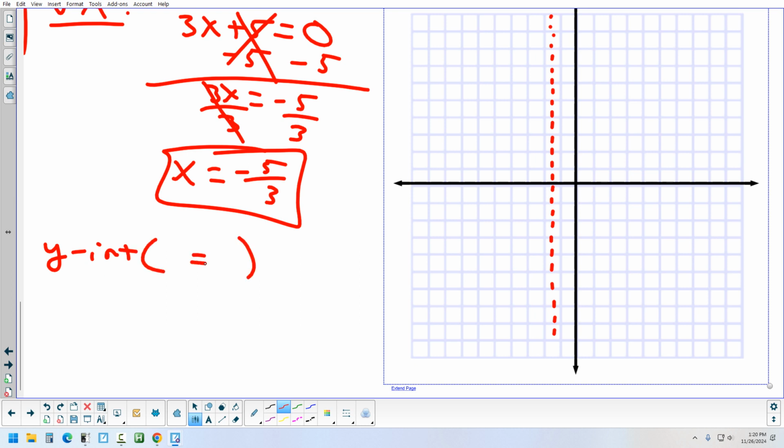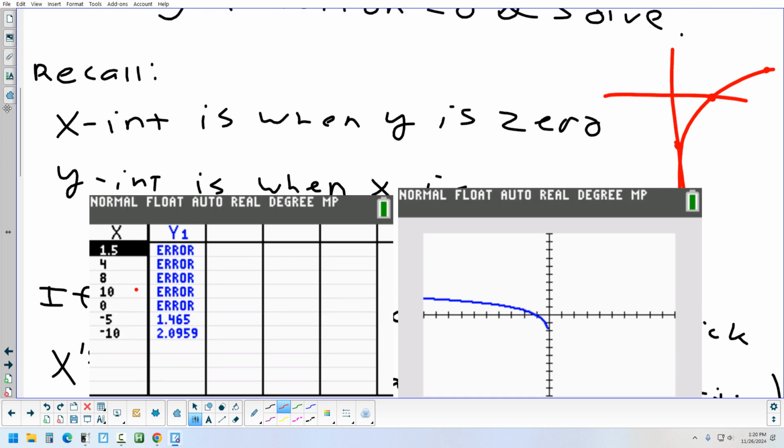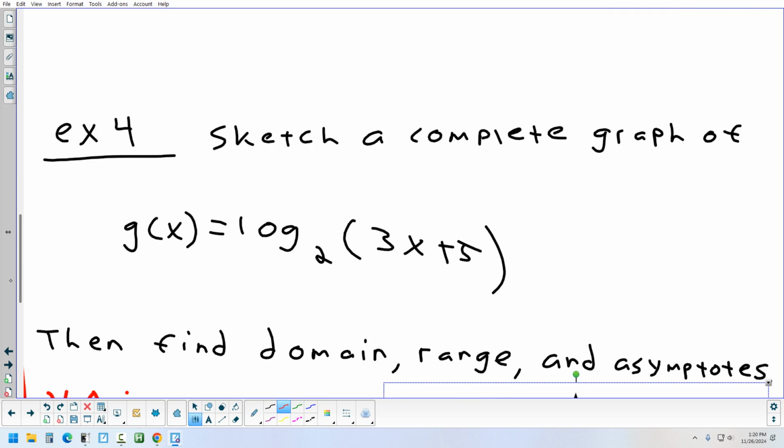What number do you plug in to find the y-intercept, and where do you plug it in? X. You're going to plug in something for x, yeah? 0. You're going to plug in 0. We had that right up here, x and y intercept.